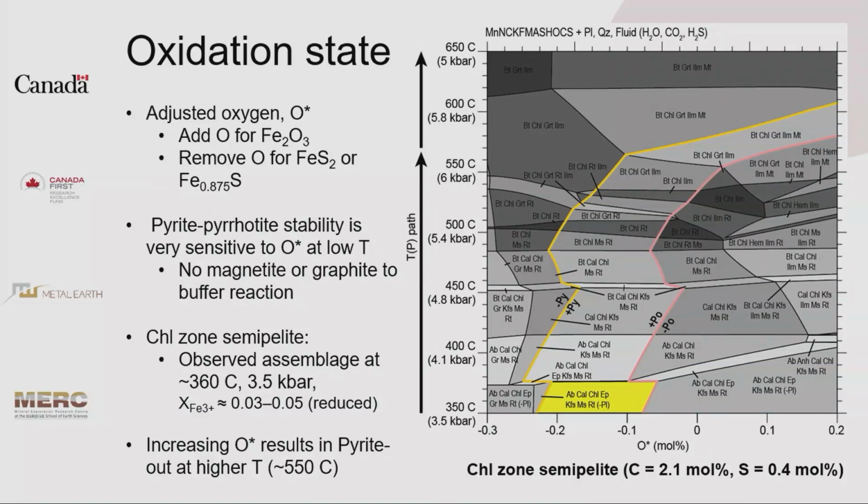So very subtle changes, at least based on what we see here, can result in very different pyrrhotite transition temperatures.